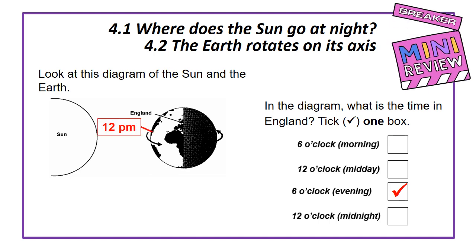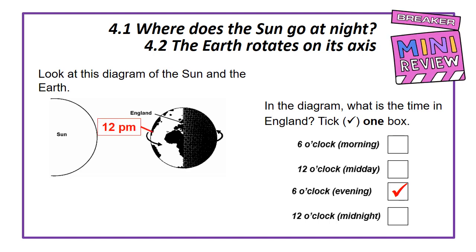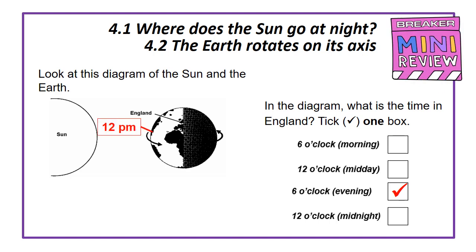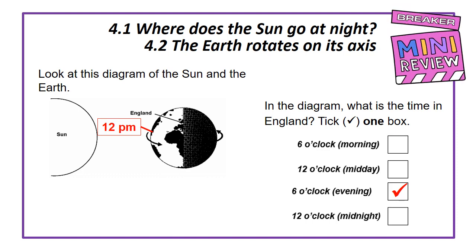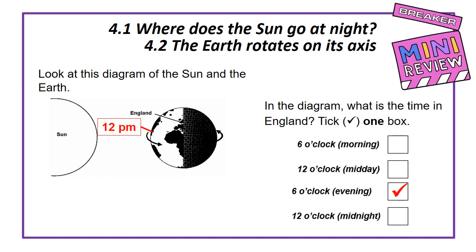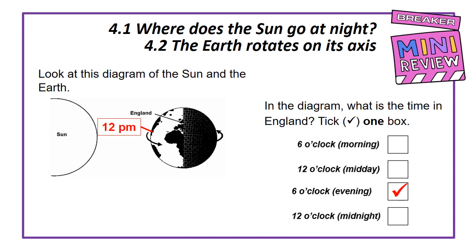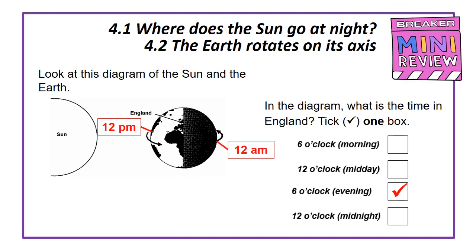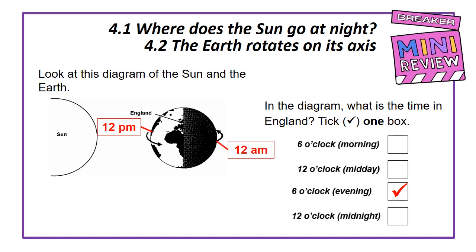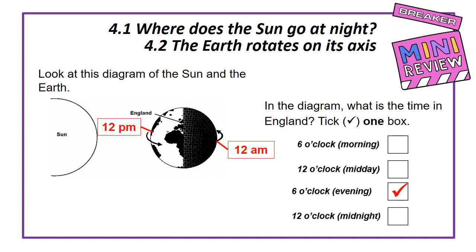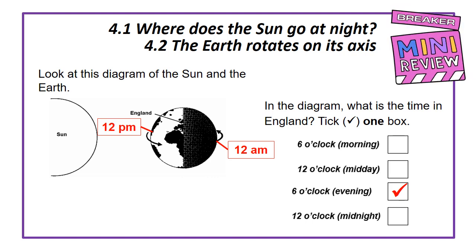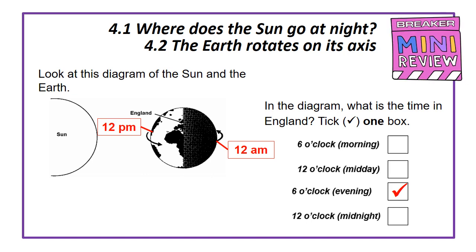We have it in this position. We have 12 p.m. or 12 midday. Now how about 12 midnight? Where do you think it is? Here is the 12 midnight or 12 a.m. Now if you are looking for 6 a.m., it is just exactly the opposite side of England.